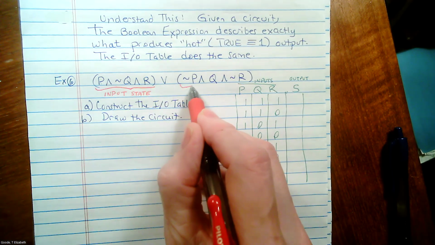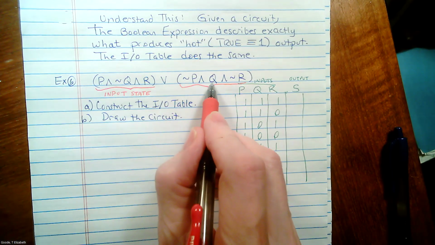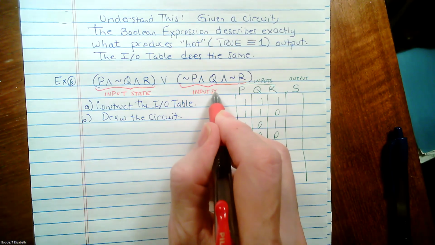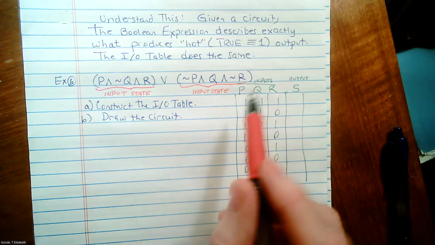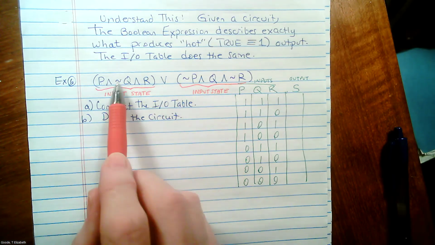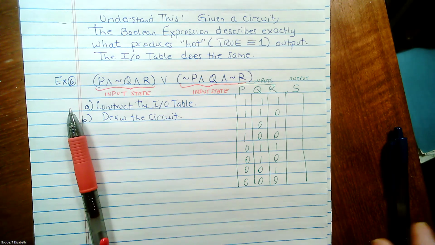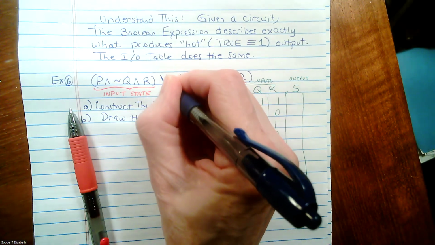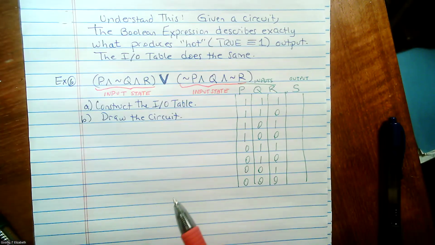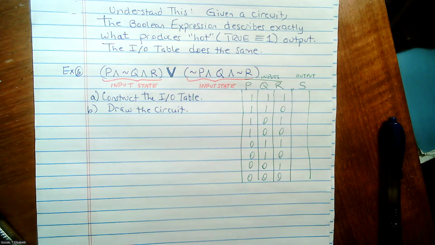Or if not P and Q and not R is the input state to the circuit, then in that circumstance, we want a hot output. This is called disjunctive normal form. It's disjunctive because the big operator, the last operator that gets executed, is this big OR.